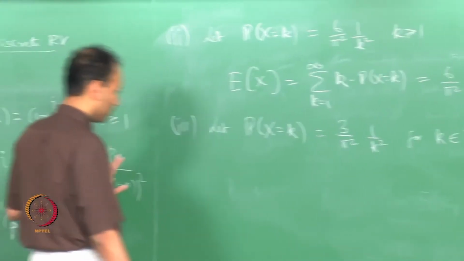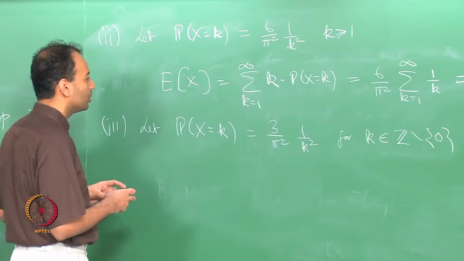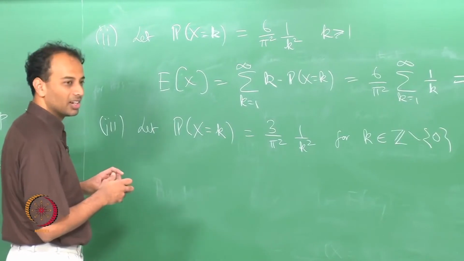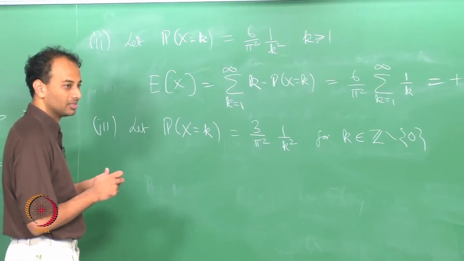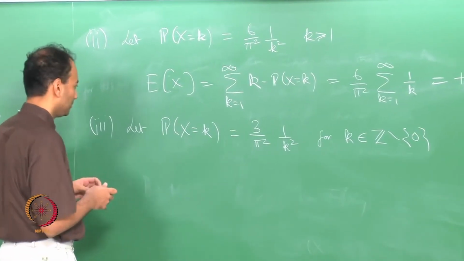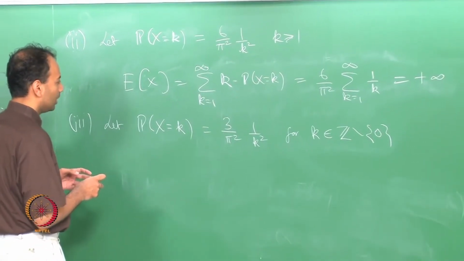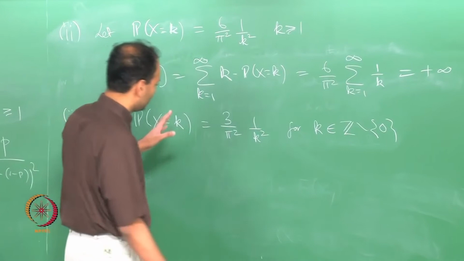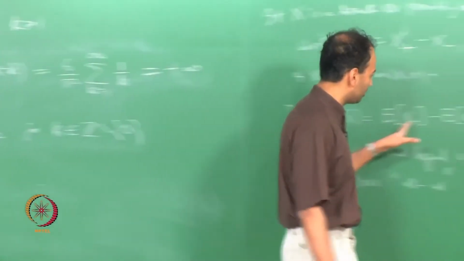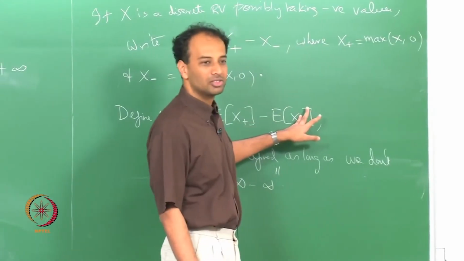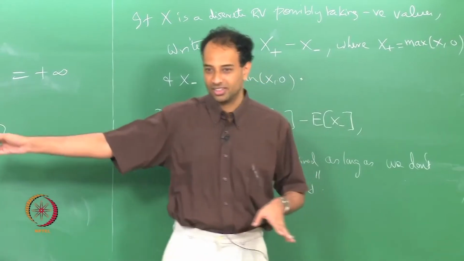Now, in this case you have to be very careful. You have to compute X plus and X minus separately, correct? The expectation of X plus will be plus infinity, and the expectation of X minus will be plus infinity, because you get two harmonic series.